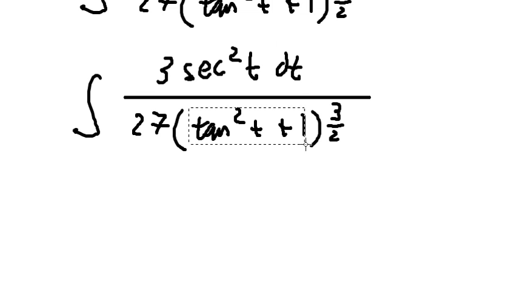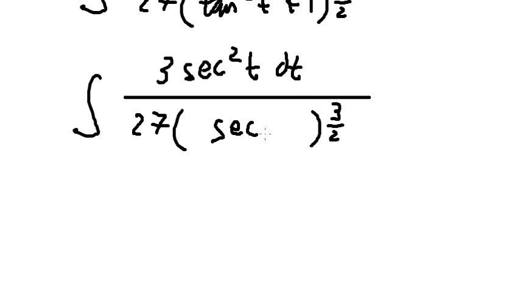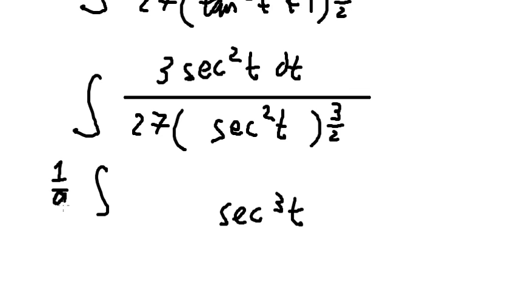This one we need to change into secant of t squared. This one we got secant of t to the power of 3. 3 simplified with 27, you got 1 over 9, and we got secant of t squared.